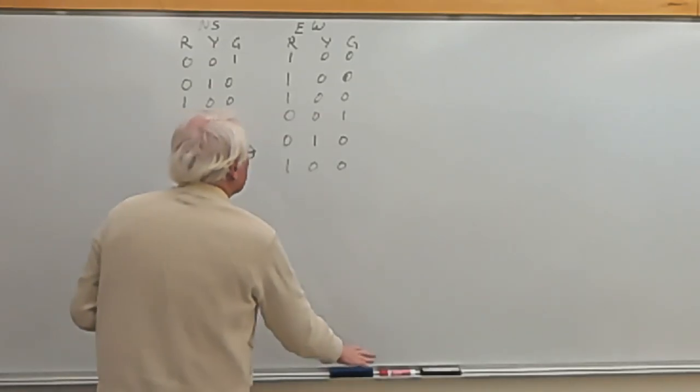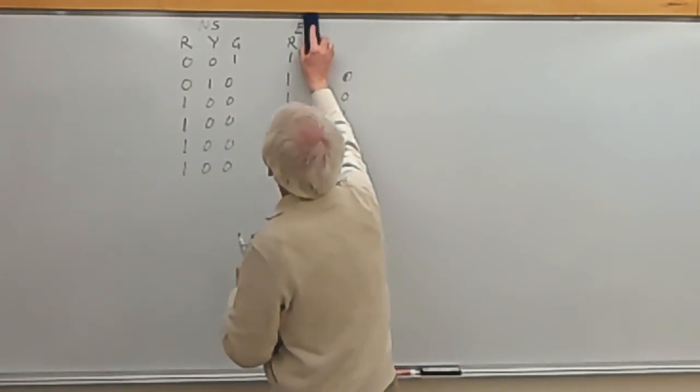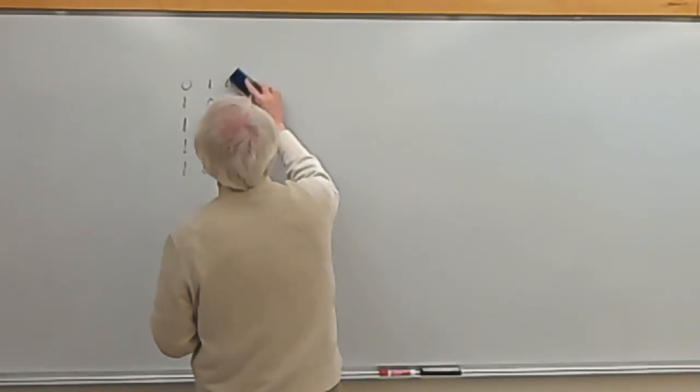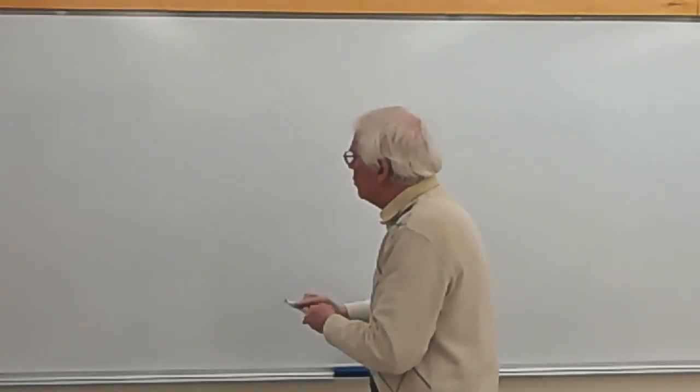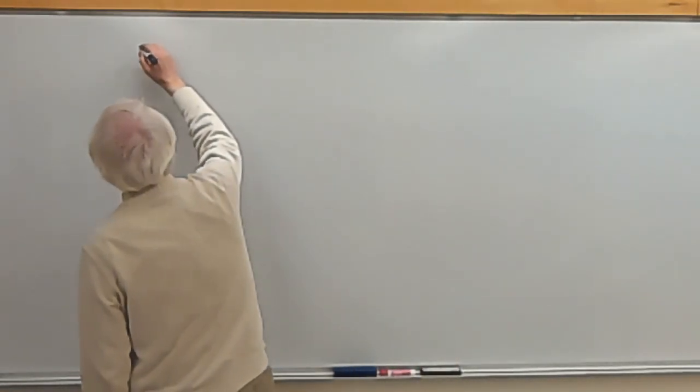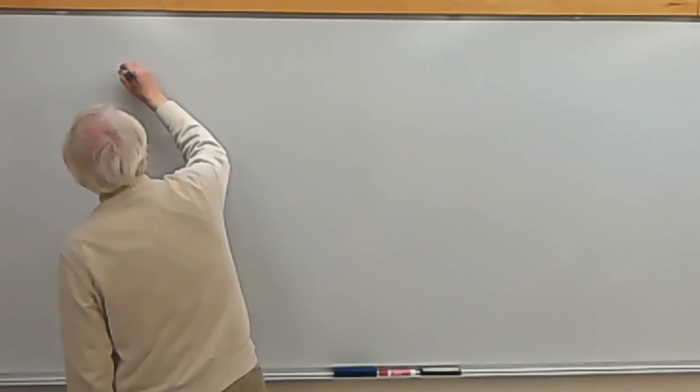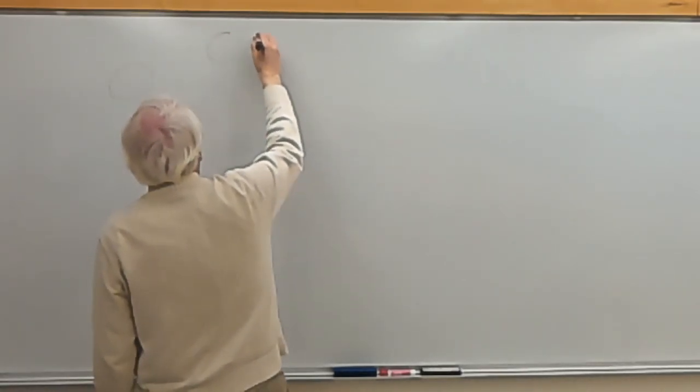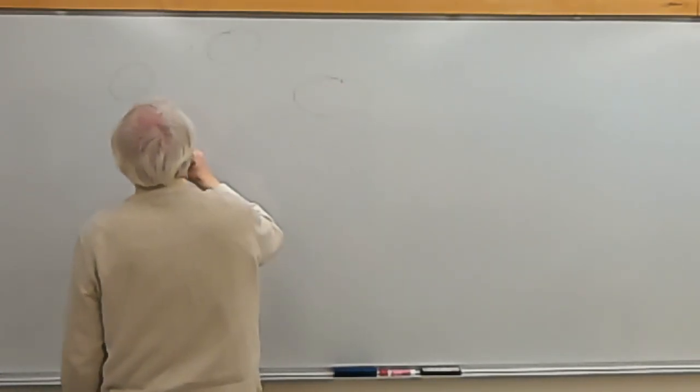So if we set about constructing a bubble diagram for this, we're going to need 6 states for our bubble diagram. So I'll start off with my 6 bubbles.